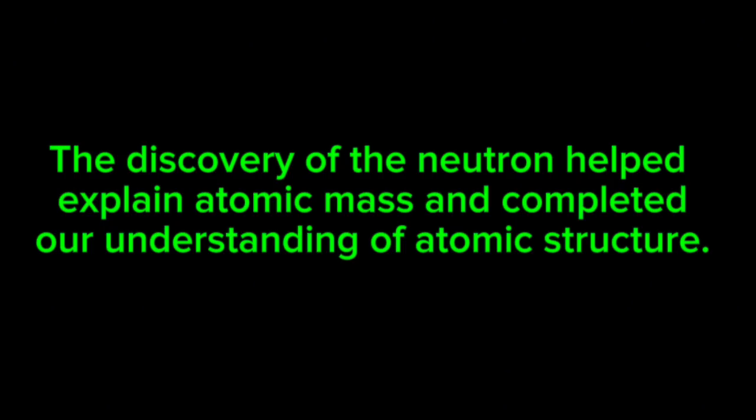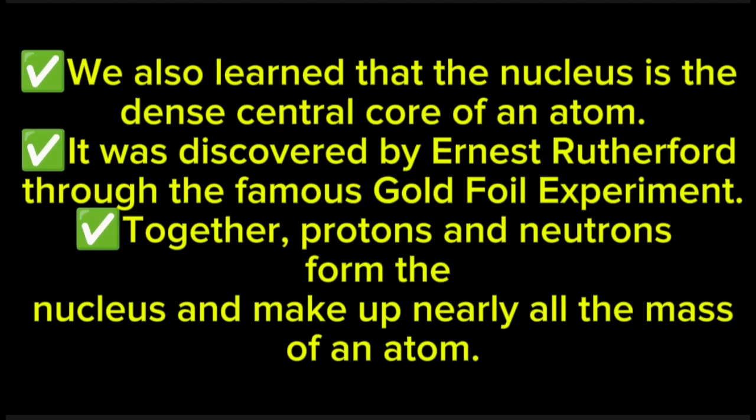The discovery of the neutron helped explain atomic mass and completed our understanding of atomic structure. We also learned that the nucleus is the dense central core of an atom. It was discovered by Ernest Rutherford through the famous gold foil experiment. Together, protons and neutrons form the nucleus and make up nearly all the mass of an atom.